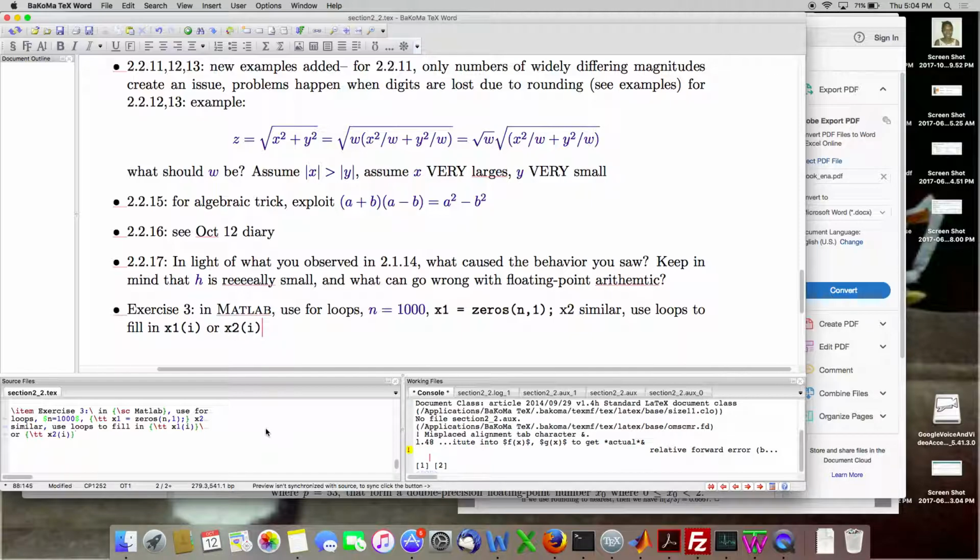So you're filling in each element of these vectors, but you're doing it in a different way, using either addition in the first part or multiplication in the second part.